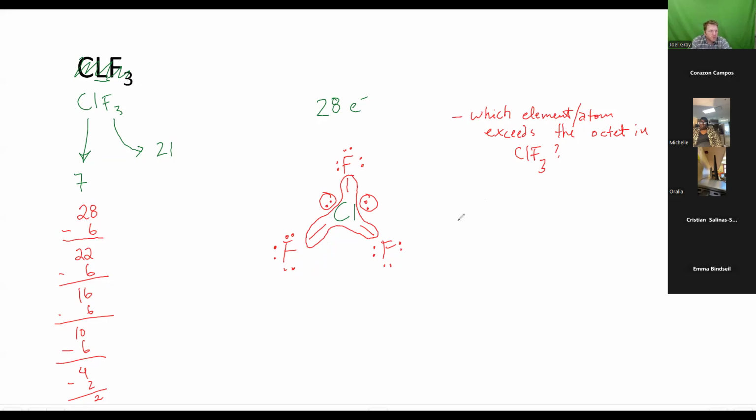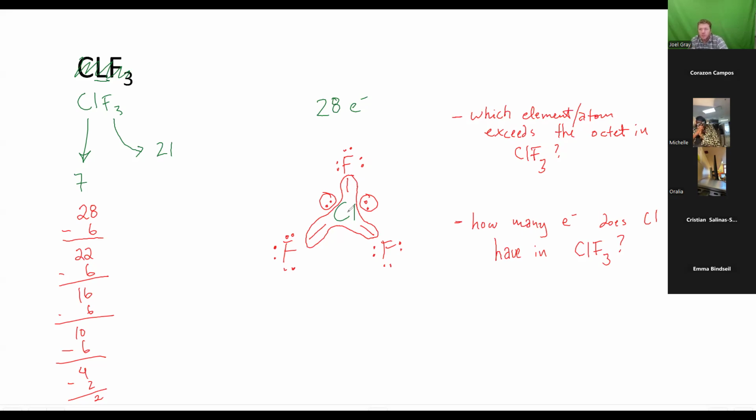So there's this question, and then how many electrons does Cl have in ClF3? Before anyone answers this question, the electrons that it shares, it has.